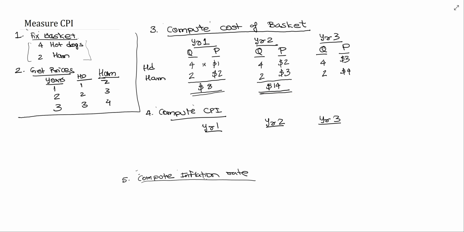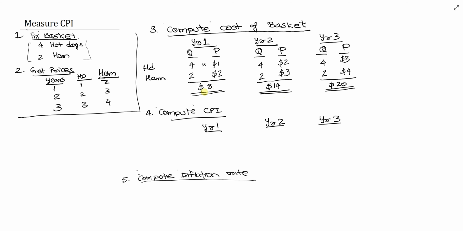Then in year 3: 4 times 3 is 12 and 2 times 4 is 8, so 12 plus 8 is 20. So $8, $14 and $20 is how much this fixed basket costs across the 3 years.